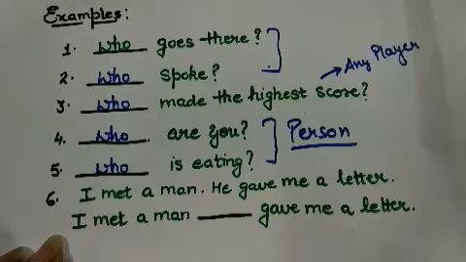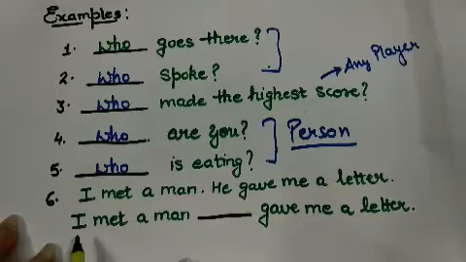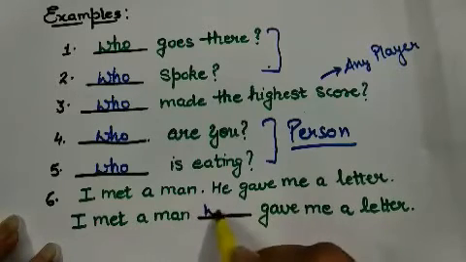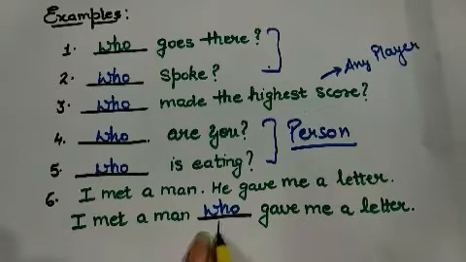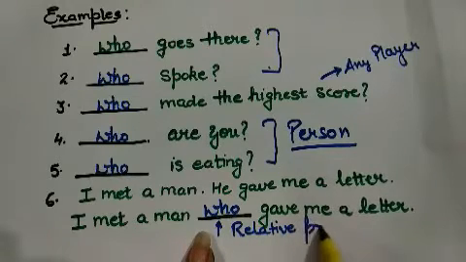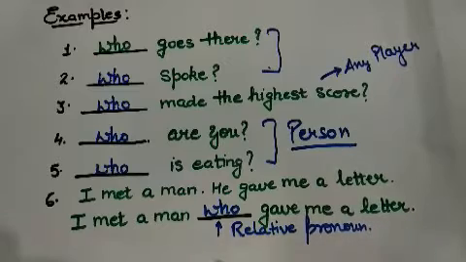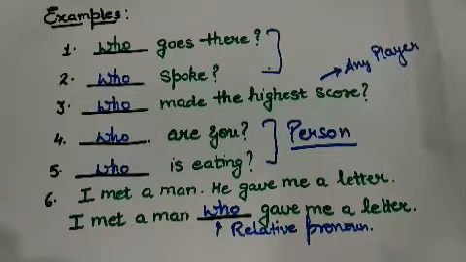How can I relate this man with the help of who? I met a man who gave me a letter. Here I have used who as a relative pronoun, relating the letter to this man. So who is used for a person and also as a relative pronoun.